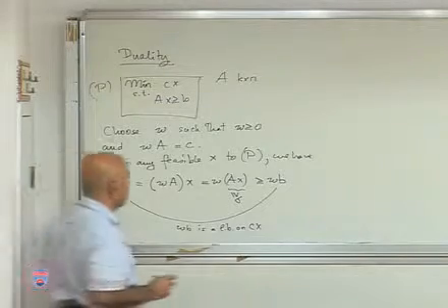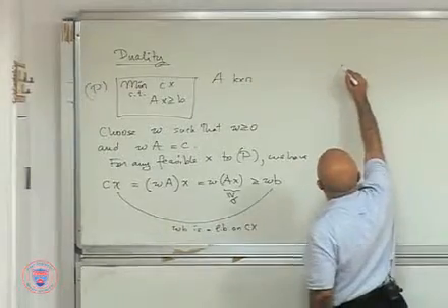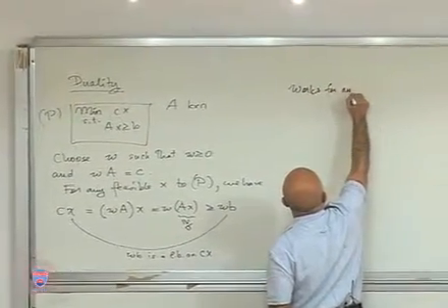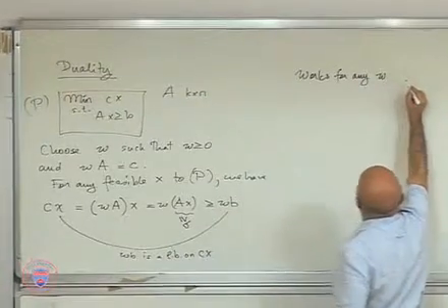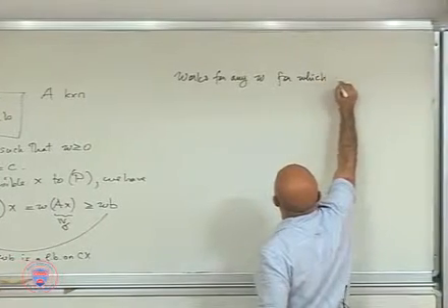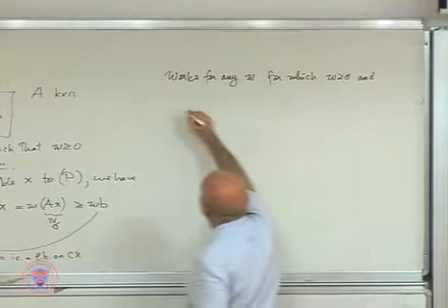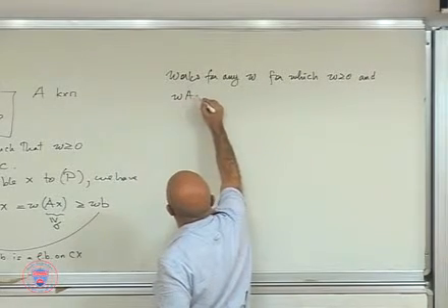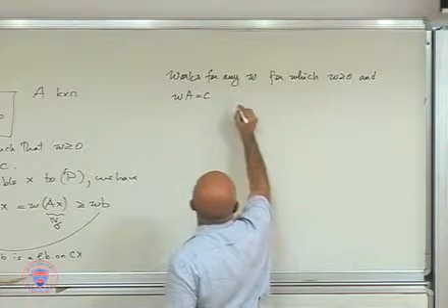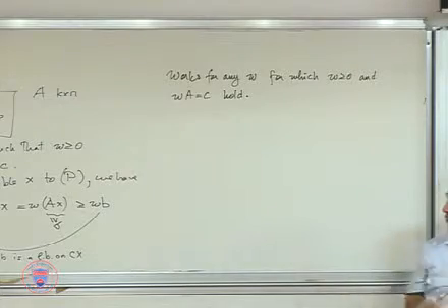Okay? So now this works for any W, as long as the two conditions, W non-negative and WA equals C, hold. Okay, as long as these two conditions hold, you've got that.